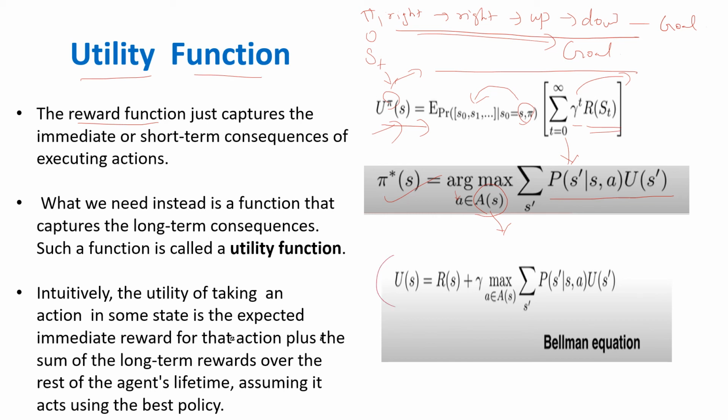So the utility function in general, this is a Bellman equation actually. The utility function of a particular state is nothing but the reward that you get at that particular state plus the discount factor multiplied by the maximum probability. So you take the policy that gave the maximum utility value.